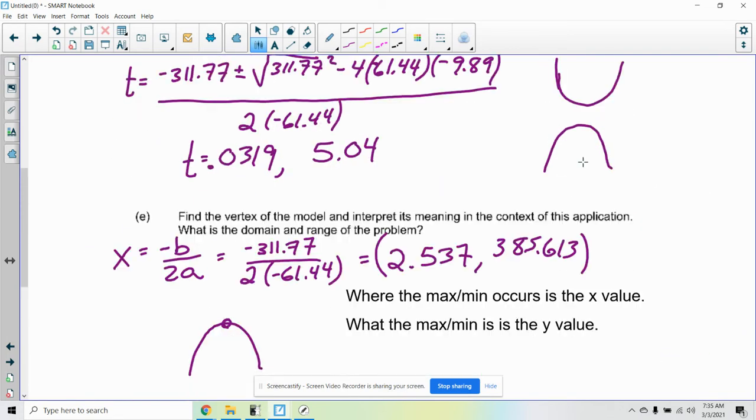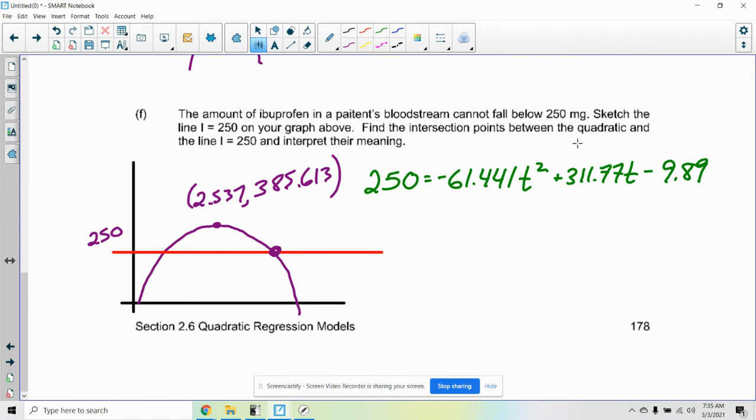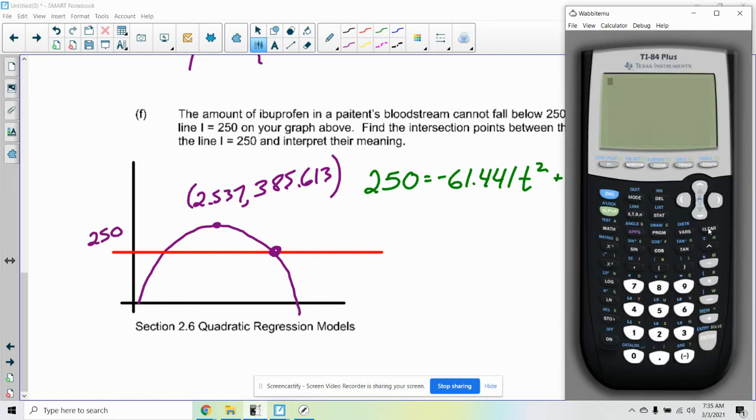Is that right? Yeah, okay. So two options here. You could subtract 250 from both sides, dive into the quadratic formula, and have at it. But you can also use the calculator to solve these problems as well.